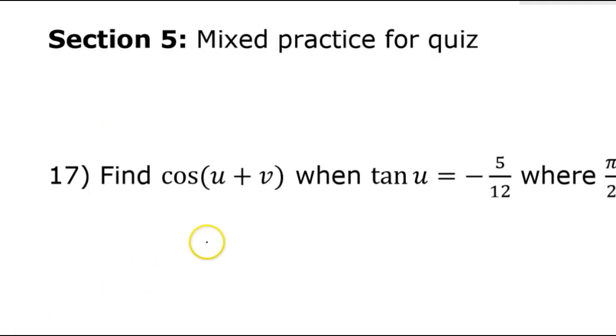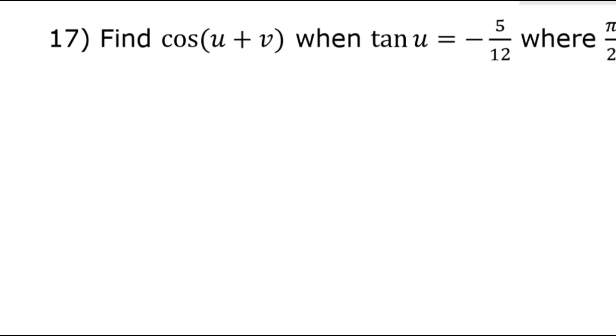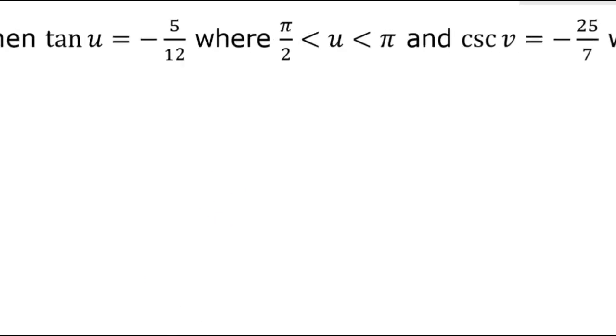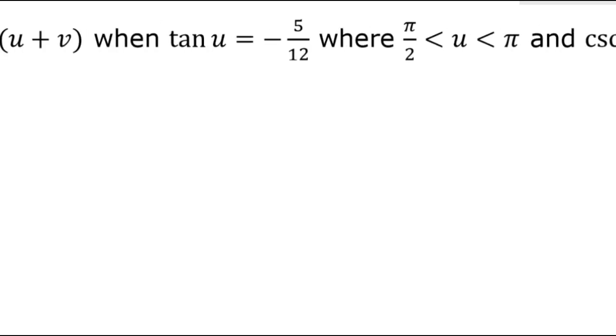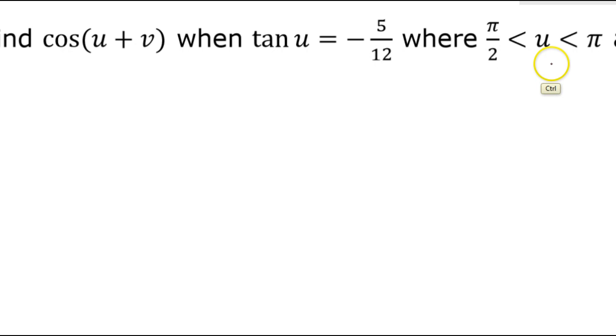So that was really it for the simplify problems. The rest will be mixed practice of all the different types all together. So looking at number 17, this is really stretched out horizontally on me. Well, let's deal with this part first.